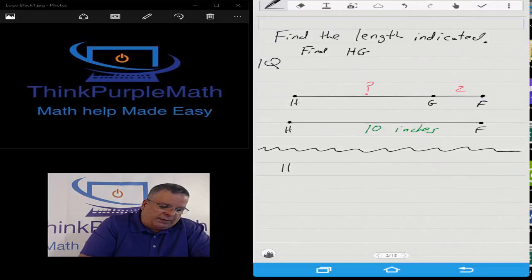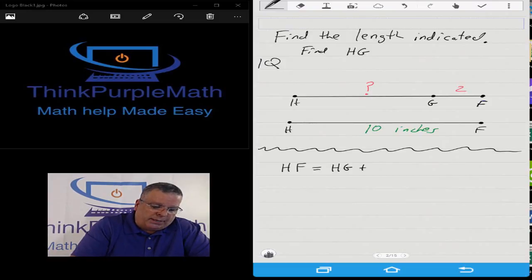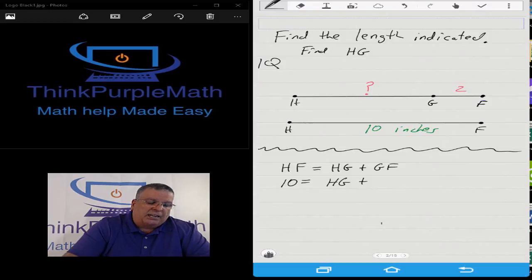We're going to write out the segment addition: HF is equal to the length of HG plus the length of GF. We're going to substitute what we know and solve for the remaining answer. HF happens to be 10. HG is a question mark, but we're going to leave HG in the equation.